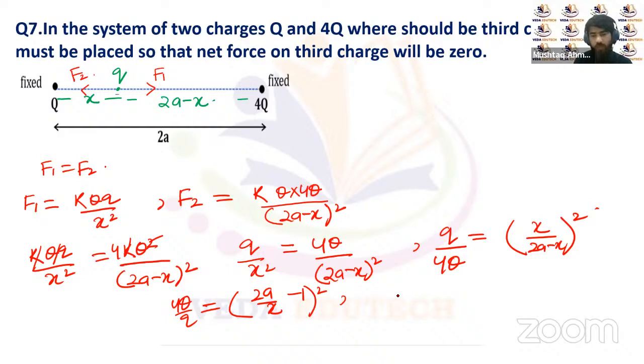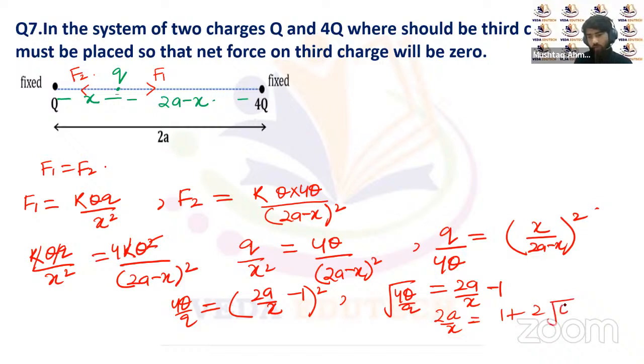To find the value of x, it will be root of 4Q upon q, that will be equal to 2a upon x minus 1. Or 2a upon x will be equal to 1 plus 2 root Q upon q.